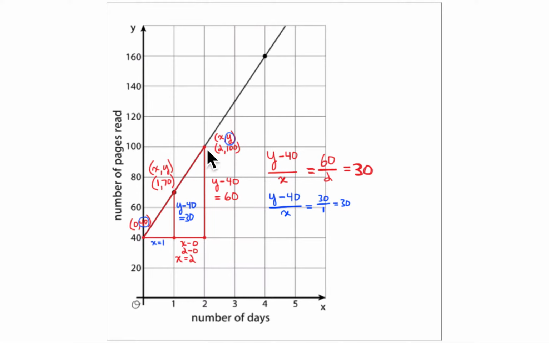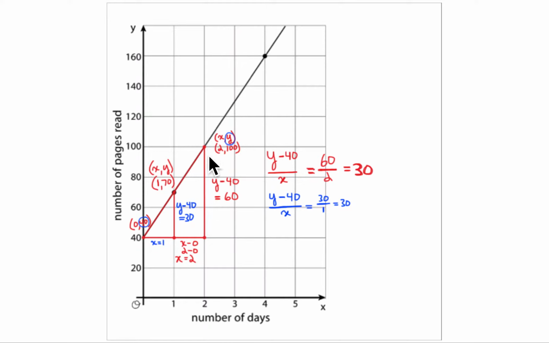Well, this is 60. So how do you get that? It's that 100 pages, but then you have to subtract this 40 pages right here. That 40 pages is written right here. This is the same 40 pages all along this line. So 100 minus this 40 tells you the number of pages she read in 2 days.